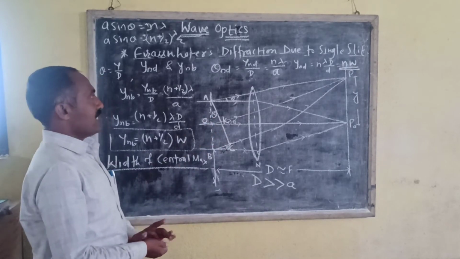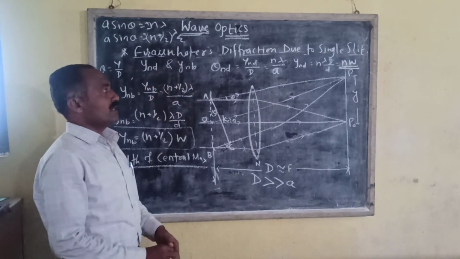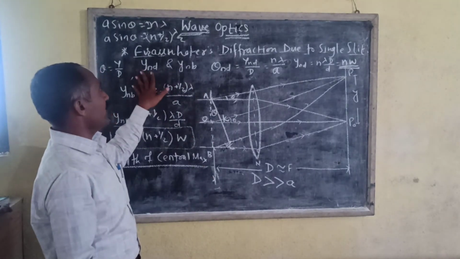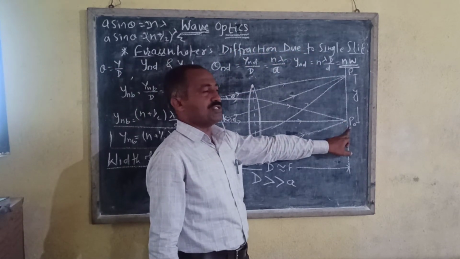Now let us suppose that y_nd and y_nb are the distances of the nth dark point and bright point on the screen from the central bright fringe.